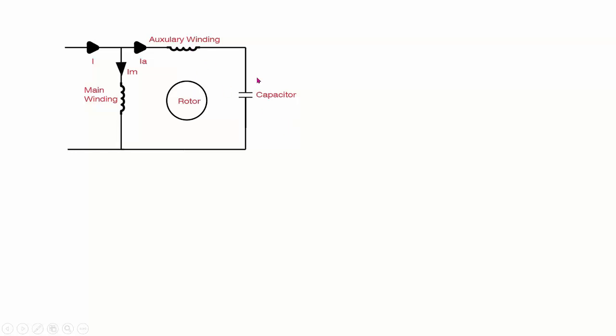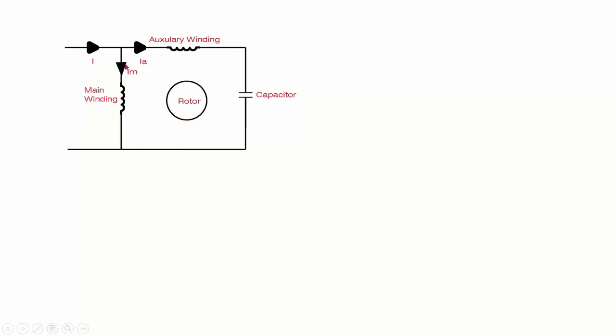So if you place a capacitor in the auxiliary winding, you are going to have a phase difference in the flux, because this capacitor gives you a phase difference between IA, the current that flows through the auxiliary winding, and the current that flows through the main winding.